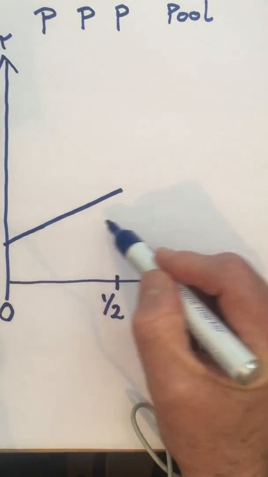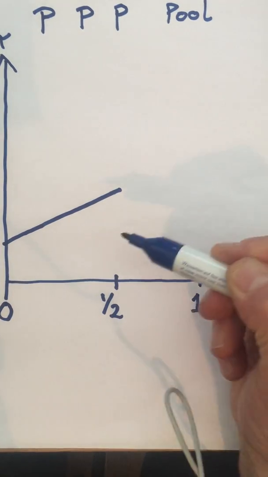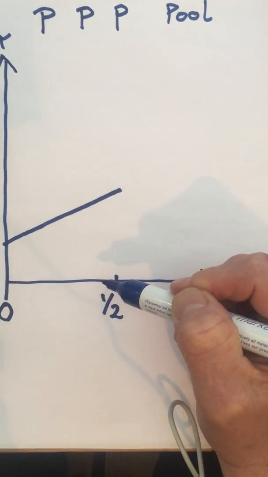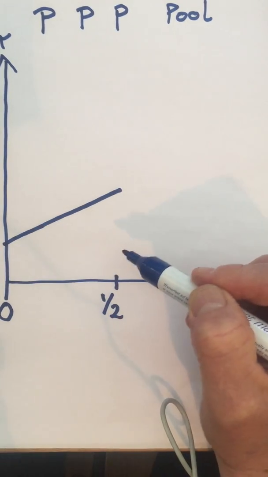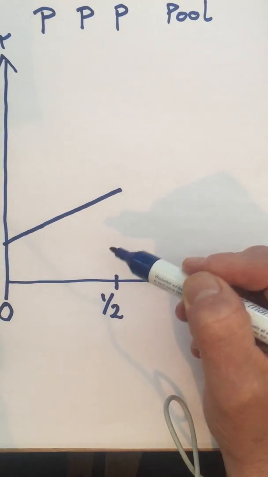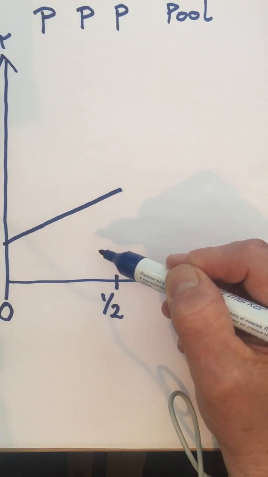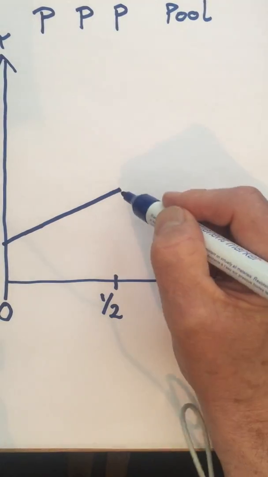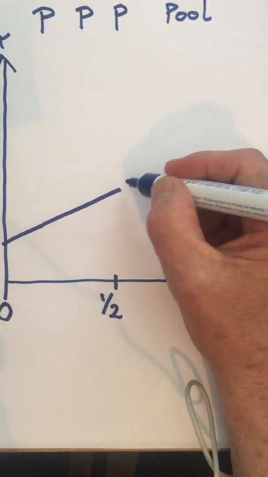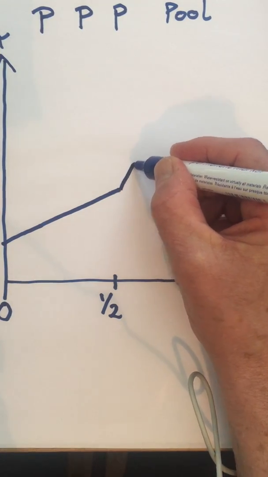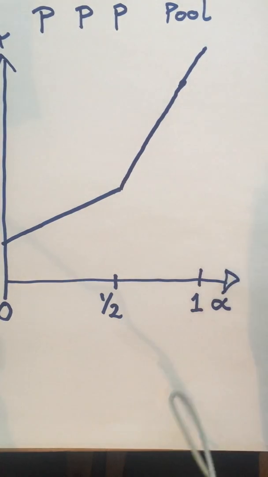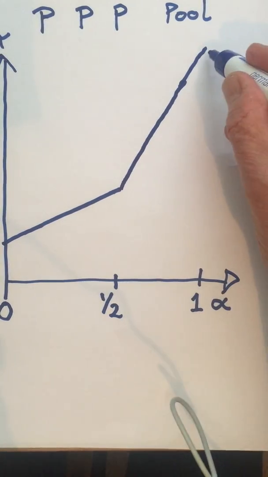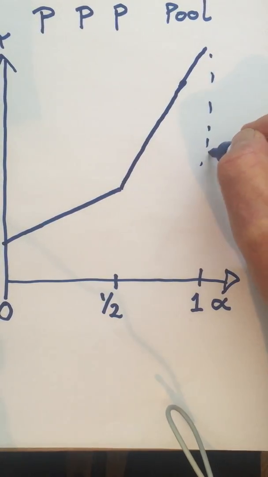So when you expand the number of producers to the left of a half, the increase in the profitability of each of the entrepreneurs is lower than to the right of a half, because then there are fewer parasites relative to producers, and you have this curve increasing with a steeper slope.